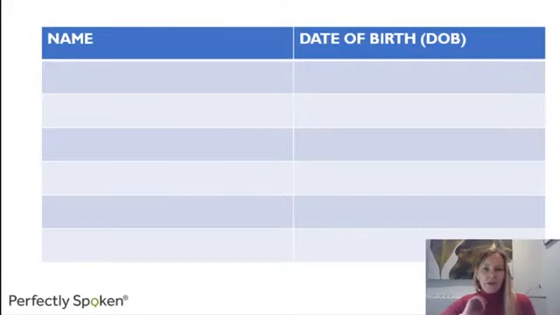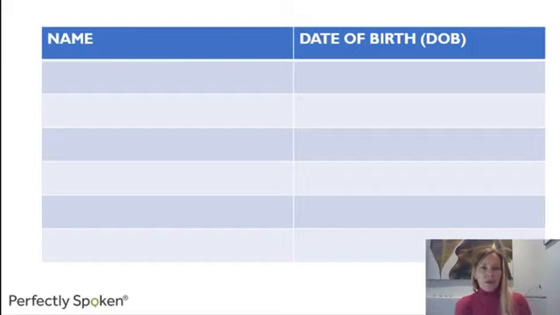So now you see that this is the content we've covered. What I'm going to do now is first of all a dictation related to spelling and dates. If you look here, I've got a screen with name and date of birth. I'm going to say some names and some dates of birth, and you just have to write them down. You just write the date.